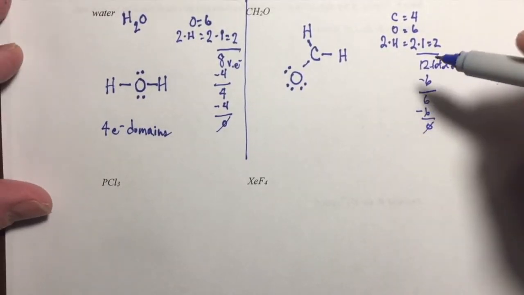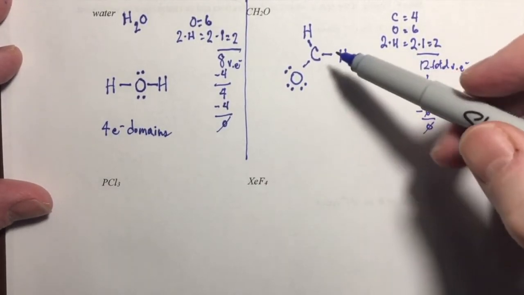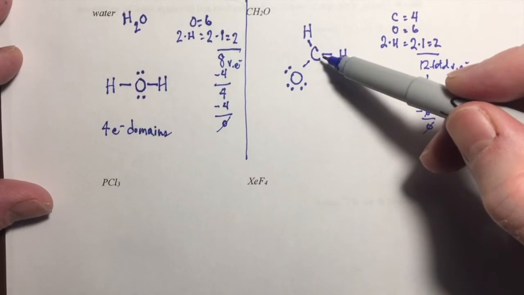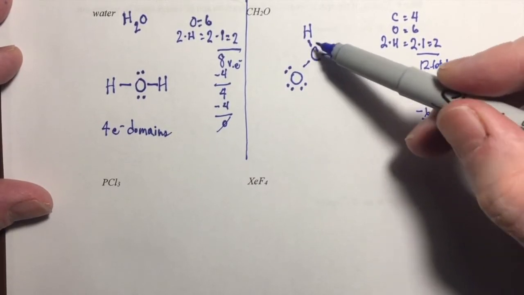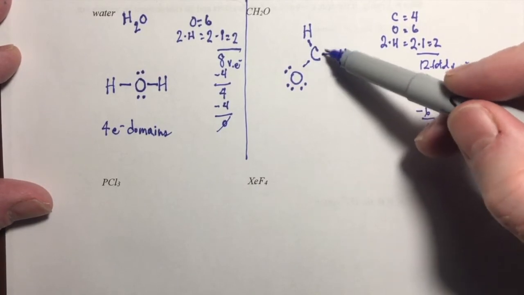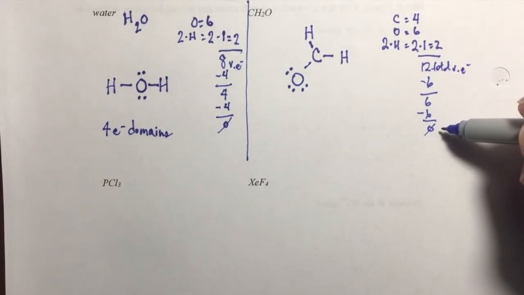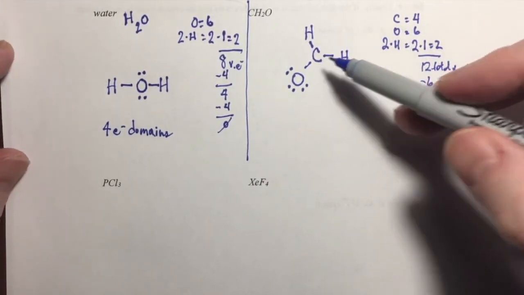Step 4 says use any remaining electrons to fill the octet of the central atom. Well, the central atom is missing electrons. It only has 6 around it right now. So it does need more electrons around it, but I don't have any more valence electrons to distribute. So for step 4, there are no more electrons left to give to carbon.